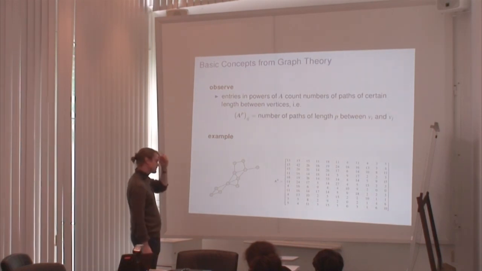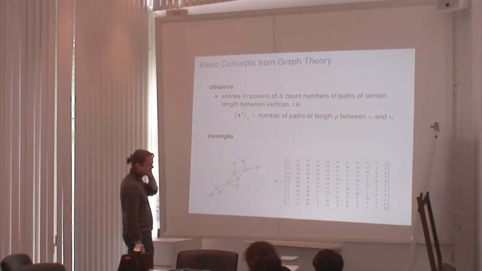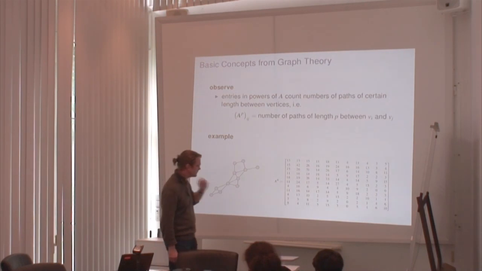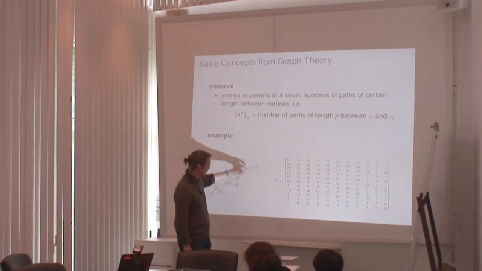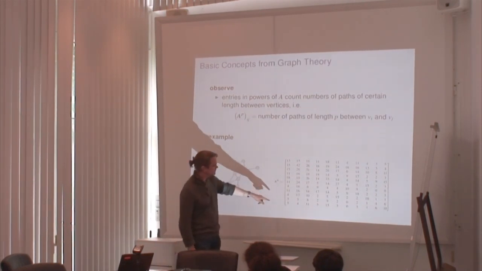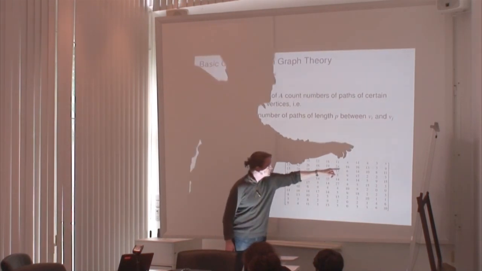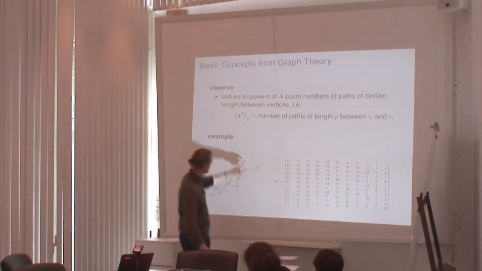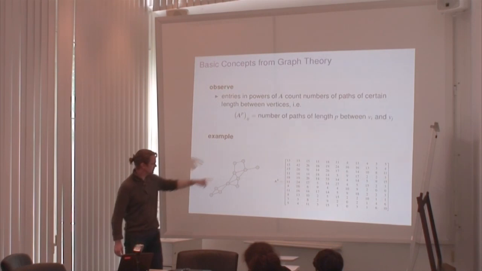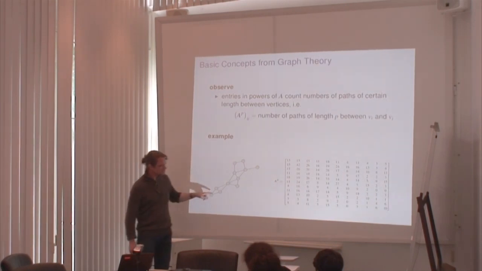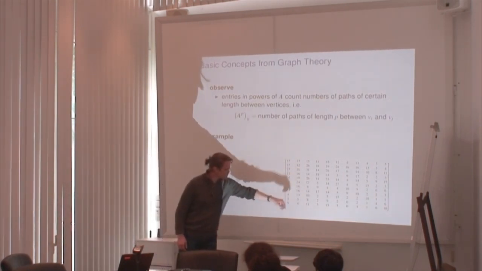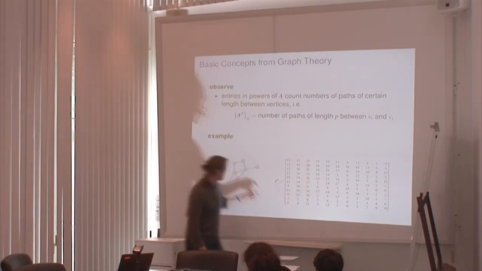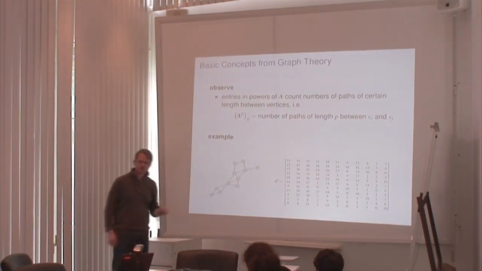There are apparently no paths of length 4 between vertex 10 and, which one is this, 10, 9, 8, and 6. So there is no path of length 4 between 10 and 6. And apparently there's also no path of length 4 between 9 and 6.